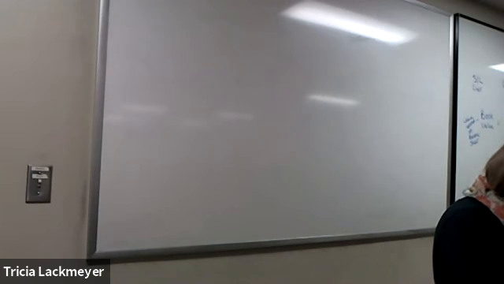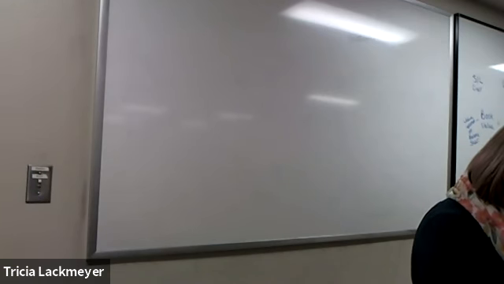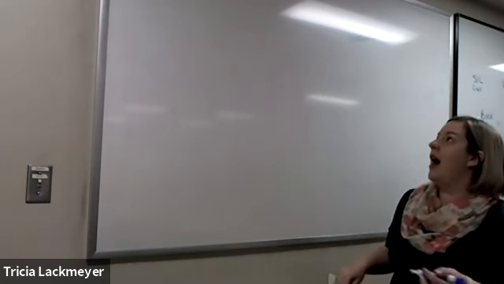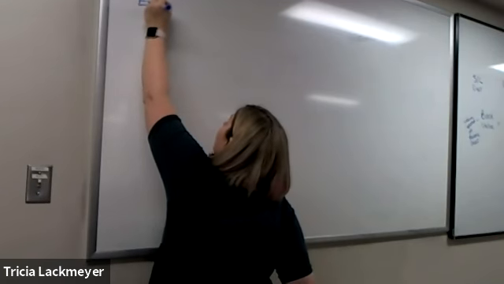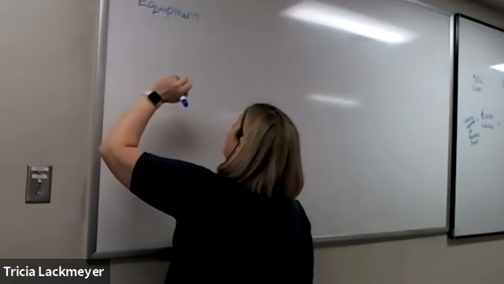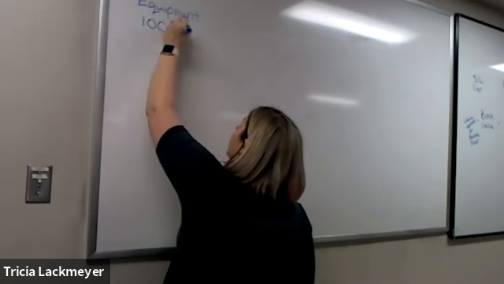So let's see. We want to calculate straight line depreciation first. So let's say we have equipment. I'm just going to write the parameters over here. Equipment that we purchased for $100,000.